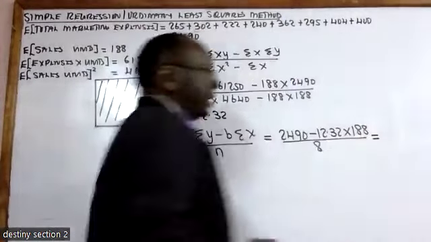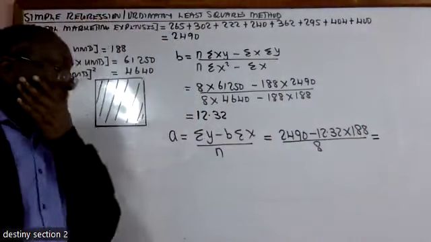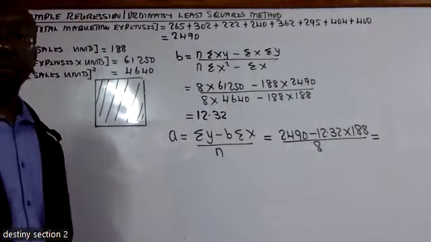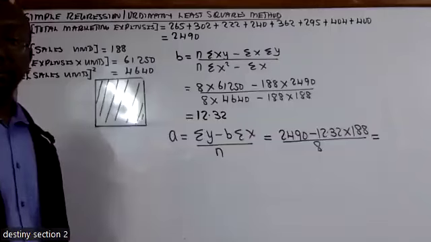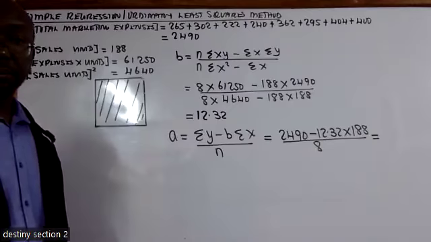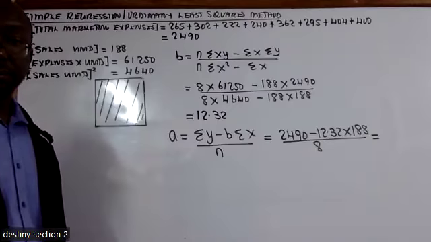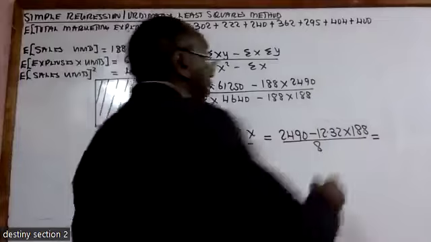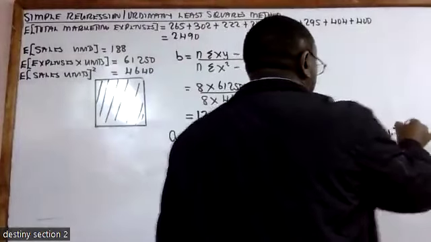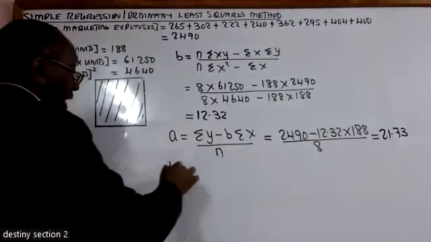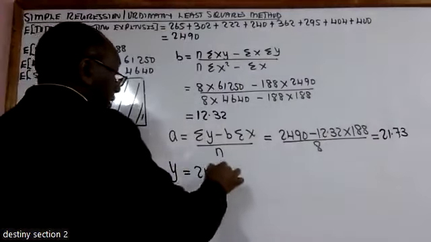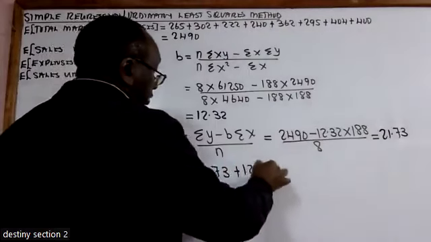Then you tell me what is the answer. 21.73. So our y will be 21.73 plus 12.32x.